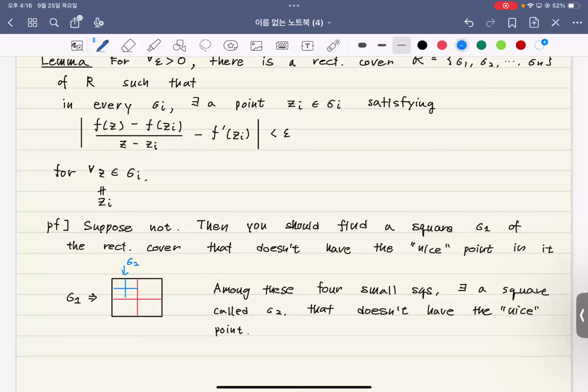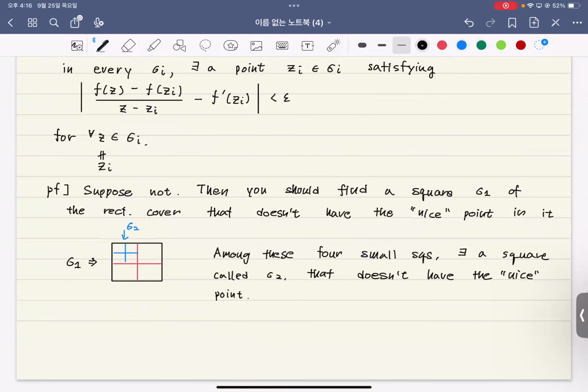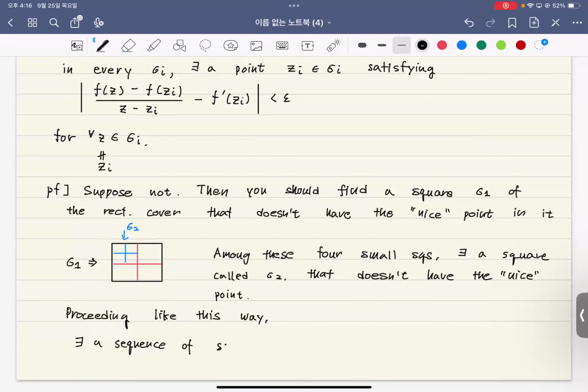If I proceed like this, I can find a sequence of squares, sigma 1, sigma 2, sigma 3, and so on.